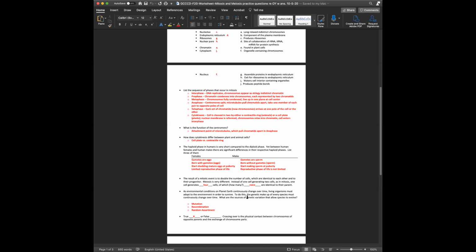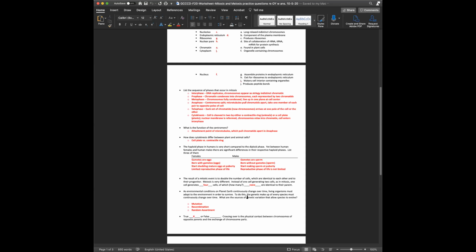But the other 2 terms here come from meiosis, recombination and random assortment. These are the terms I wrote in the chat. Recombination is when homologous chromosomes exchange parts with each other. Random assortment is a source of variation because when chromosomes go to the center of the cell and have to decide whether they're going to one end of the cell or the other, they really don't make a decision.